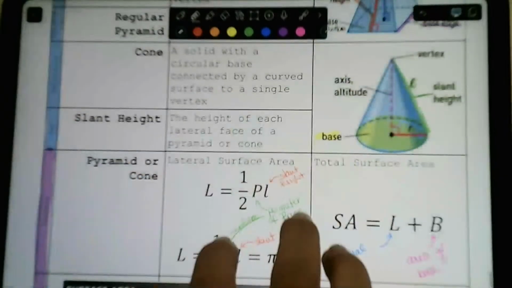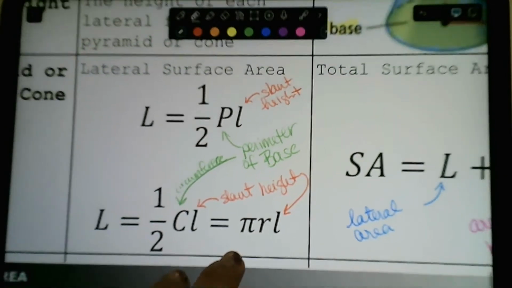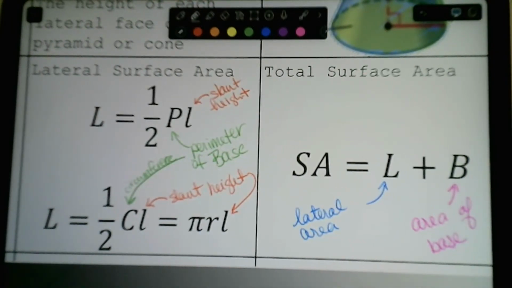Okay. Here are your formulas. Because pyramids have this triangle feel to them, we've got that 1/2 happening, like we did with triangles. Again, the lateral surface area is the perimeter of the base, which for polygons is perimeter, and for circles it's circumference.